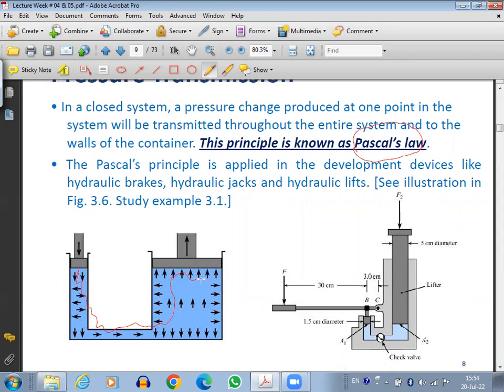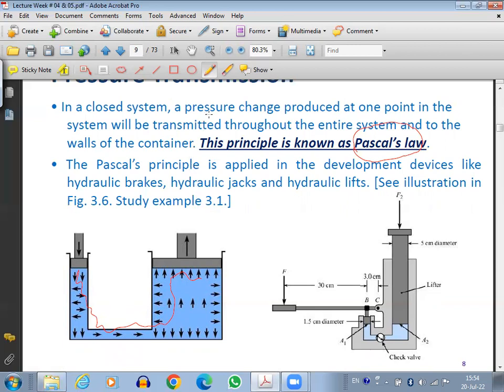If I change the pressure at one point, automatically that pressure change is transmitted throughout the entire fluid body, so the entire body faces it. Okay. So this is known as Pascal's law.